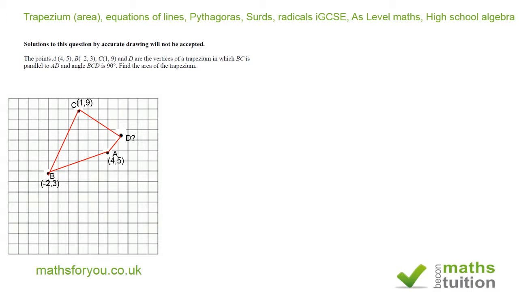Firstly, what we need to do is to find the height of the trapezium. In this case, the height of the trapezium is CD because CD is perpendicular to BC.